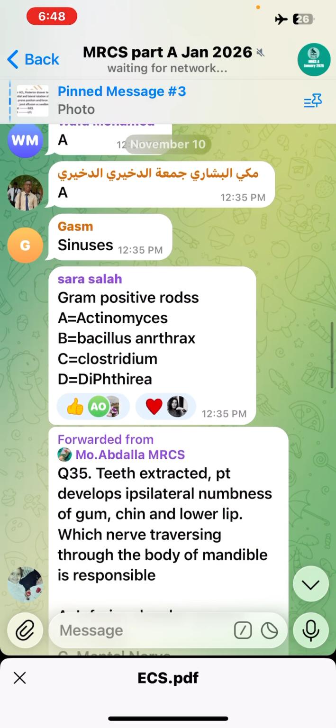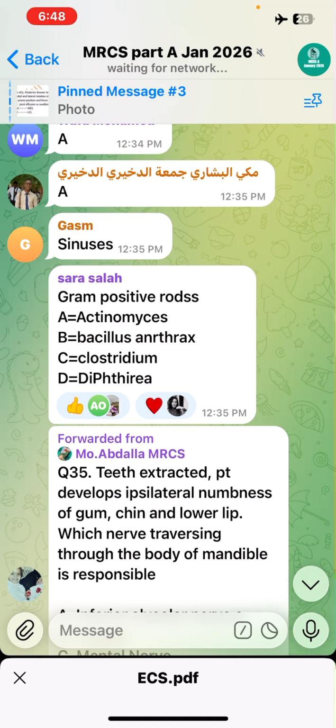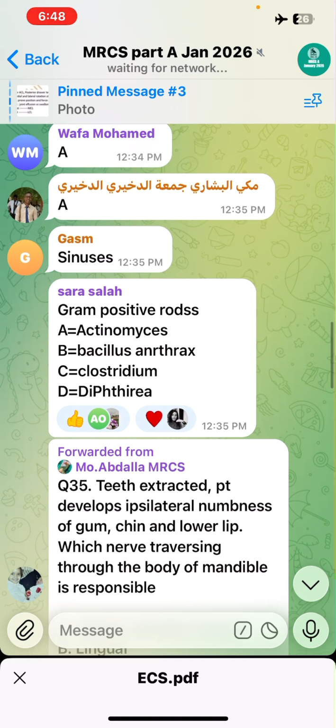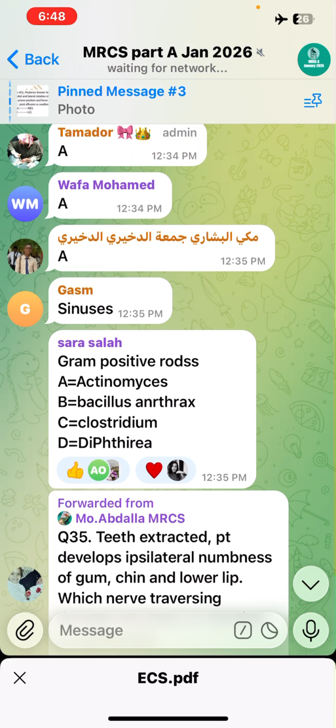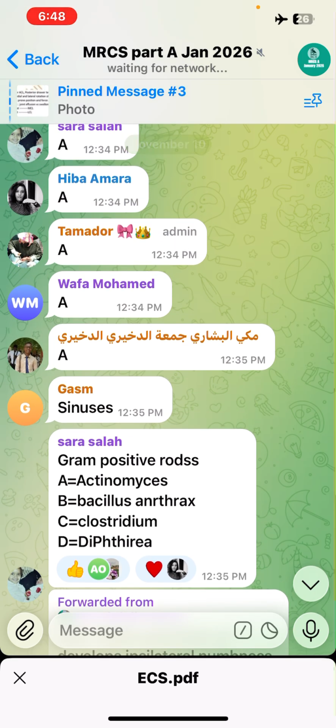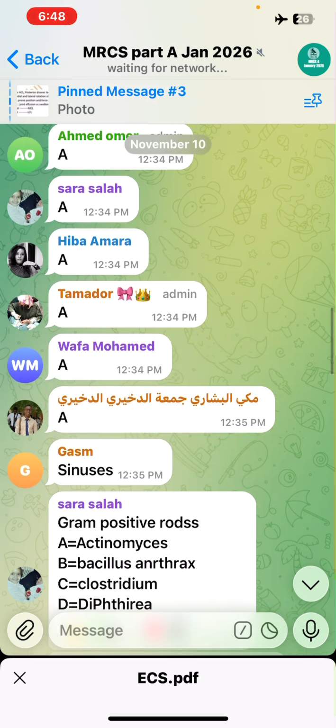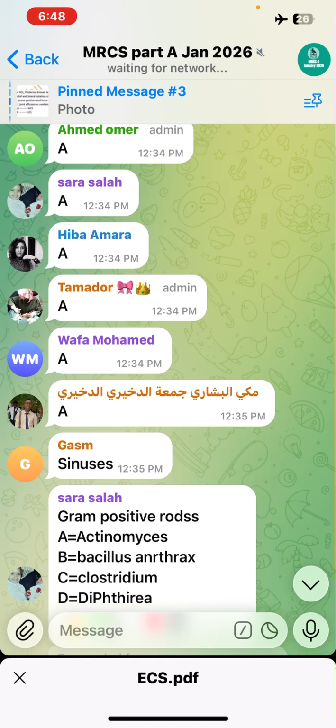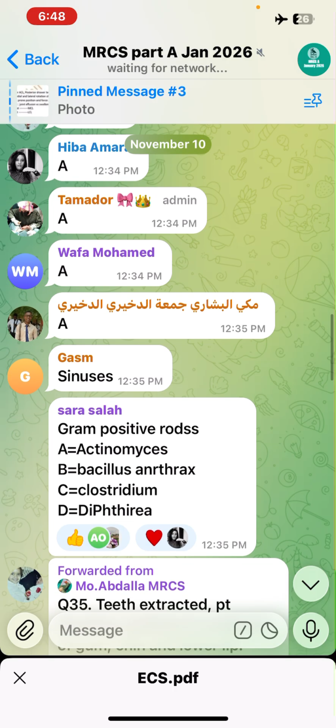Actinomyces was there, gram positive, with sulfur granules. All these are gram positive: Bacillus, Clostridium perfringens, and diphtheria. Options A, B, C, D: Actinomyces, Bacillus, Clostridium, diphtheria.